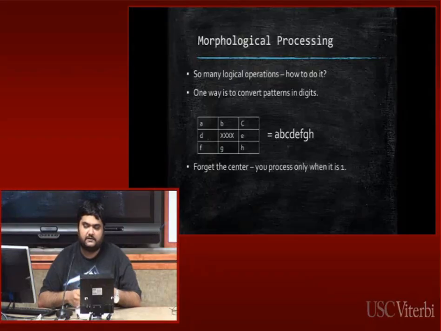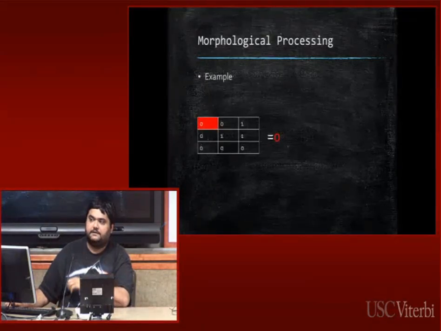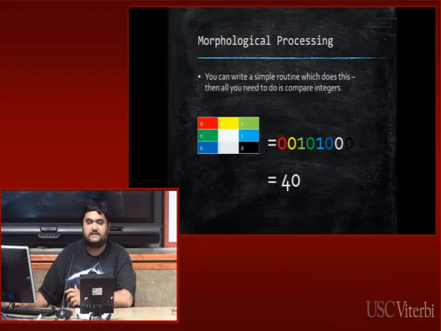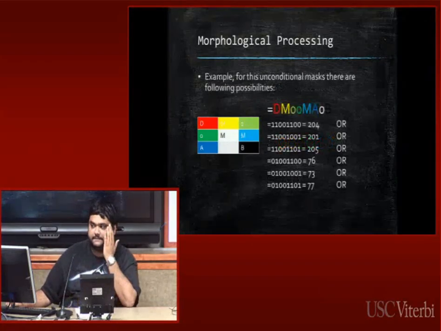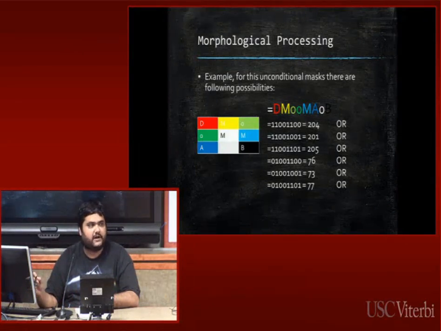The moment you write code for this, it'll be very easy to convert the entire table into just integers, and whenever you're doing the processing, it'll be very easy the same way. So this is just an example. This comes out to be 40 in decimal. This is an example for the unconditional mask. You convert the mask as well in the same order. Just make sure you keep the order consistent everywhere, right?